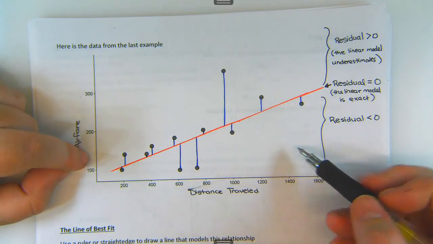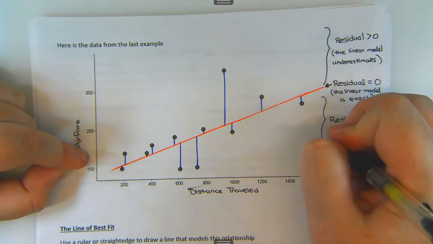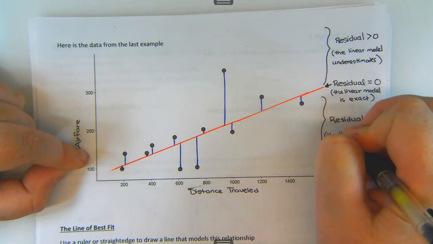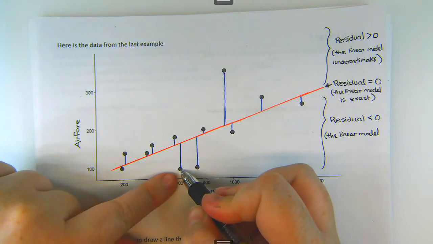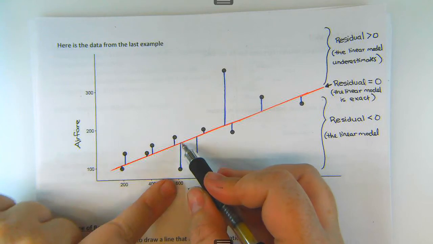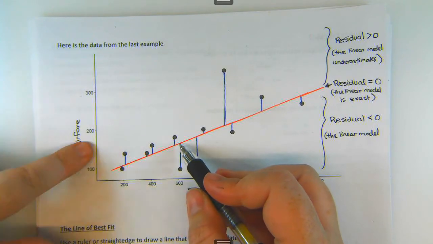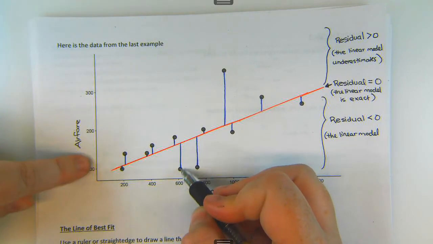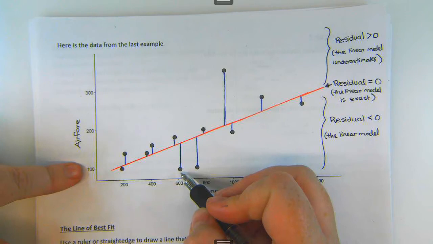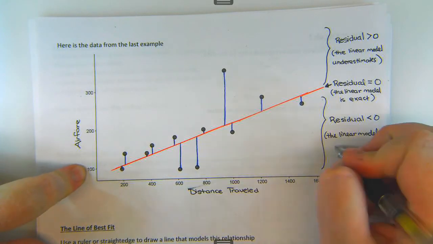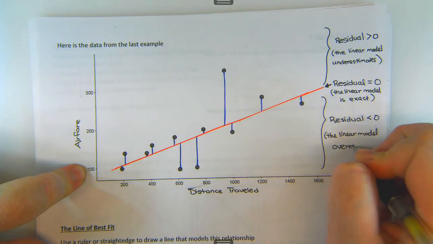And what's happening here in terms of our predictions and what the linear model is doing is that, say we're at this point here, and our prediction says, okay, you're going to have to pay about $150, but then we actually paid about $100. This is where the model overestimates. It estimated a higher value than what actually occurred. So the linear model overestimates here.